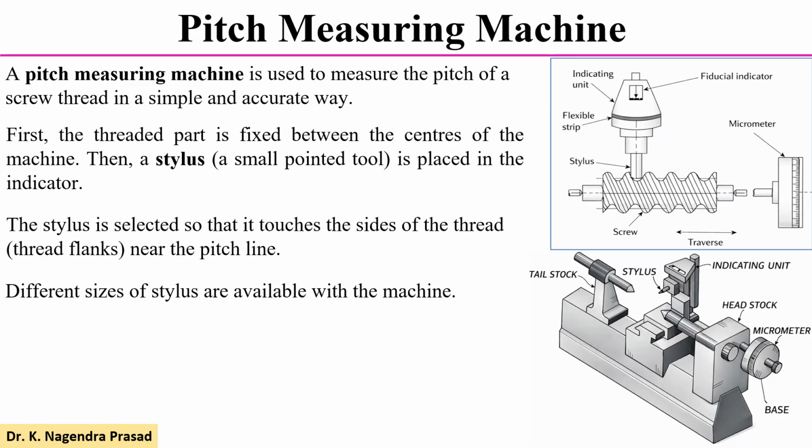First, the threaded part is fixed between the centers of the machine. Then a stylus, which is a very small pointed tool, is placed in the indicator.